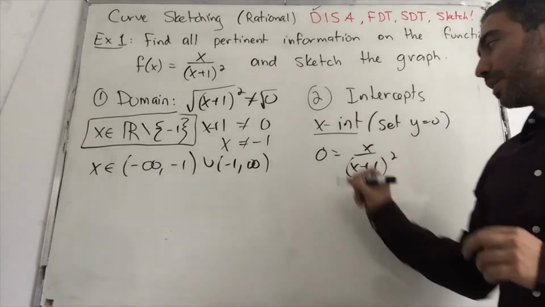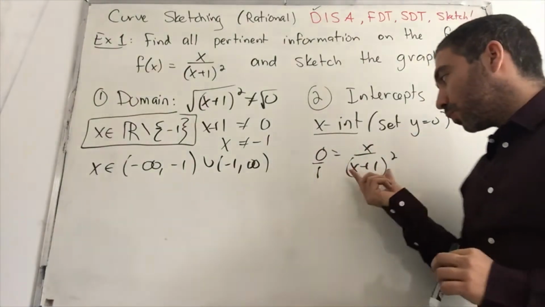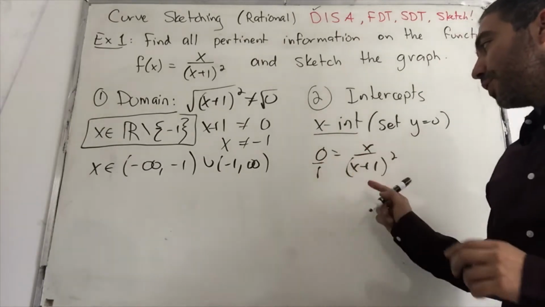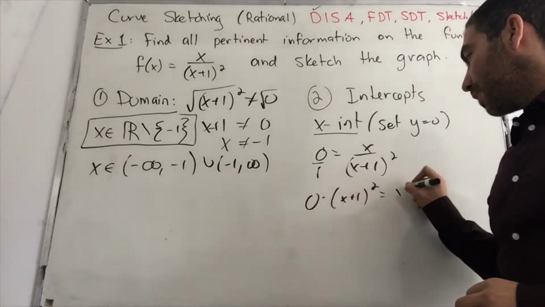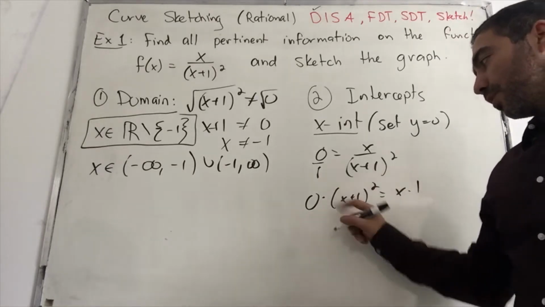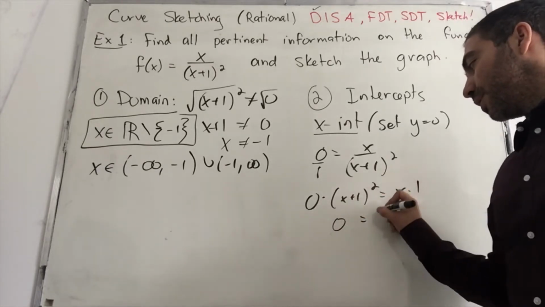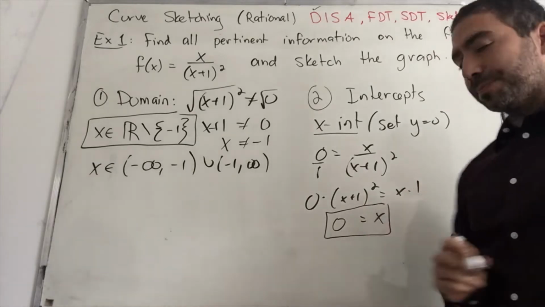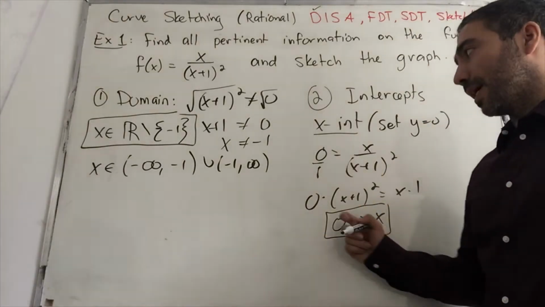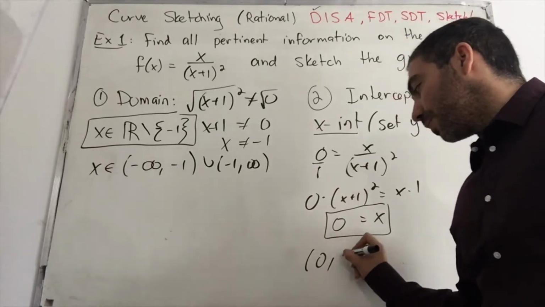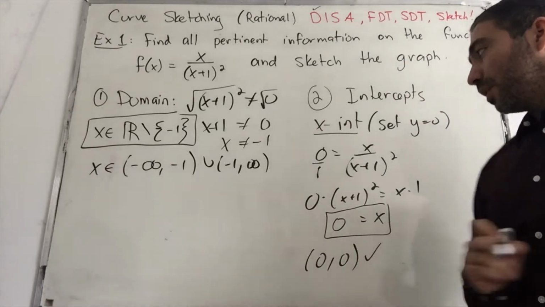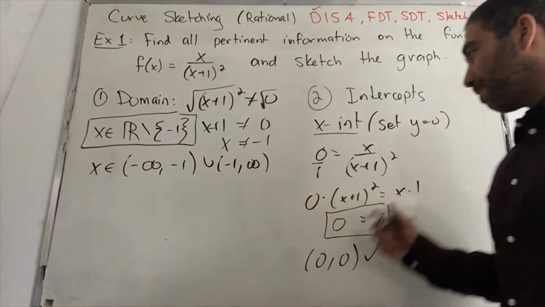To solve this, we could essentially cross multiply. What you get is 0 times (x plus 1) squared equals x times 1. 0 times this whole thing is 0, and x times 1 is x. So we get the value x equals 0. So we have an x-intercept at 0, meaning that this function is going to pass through the point (0, 0).